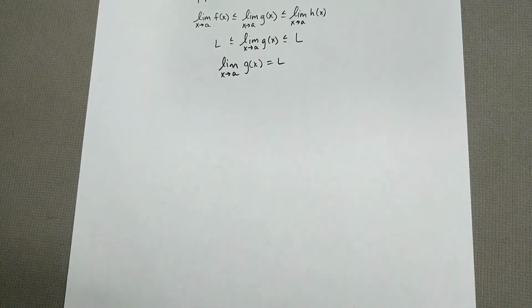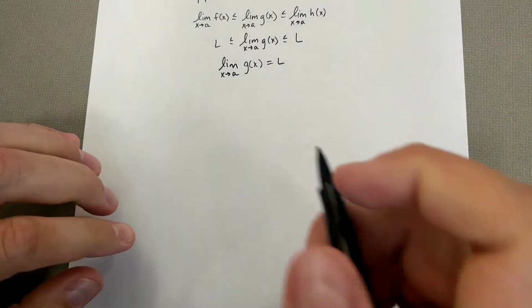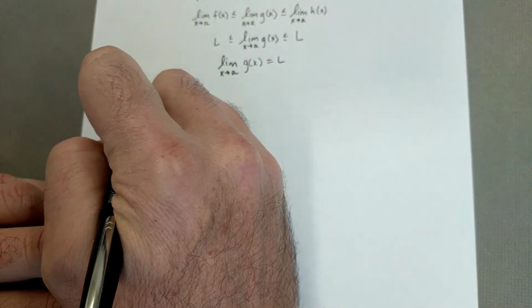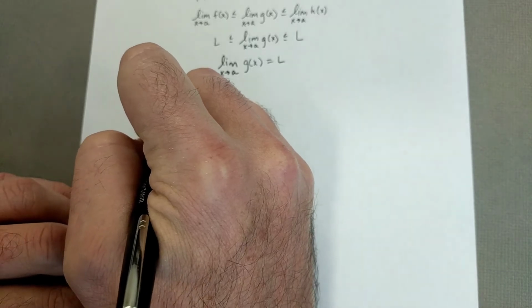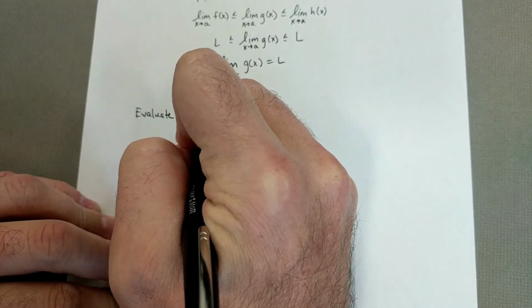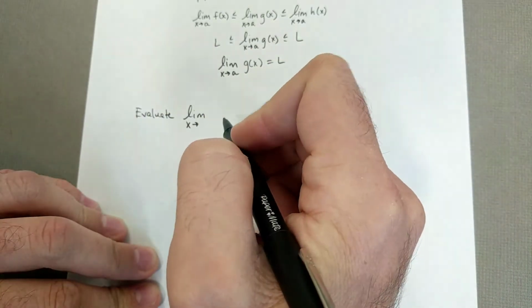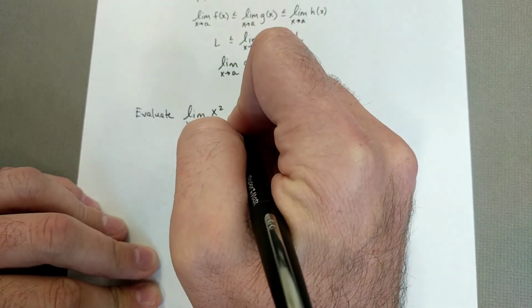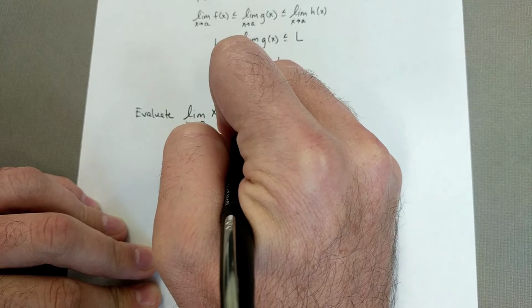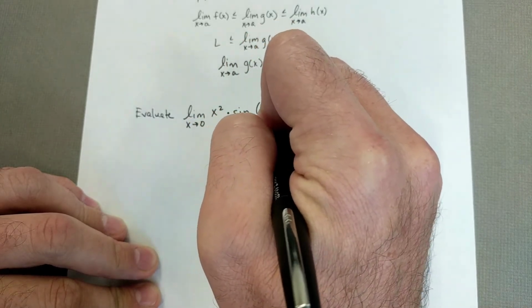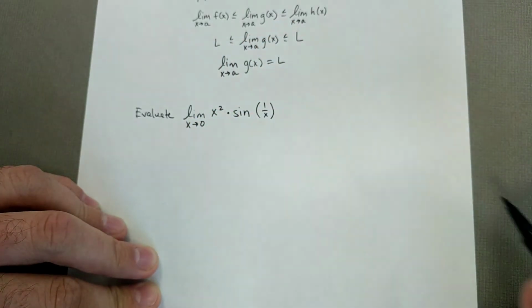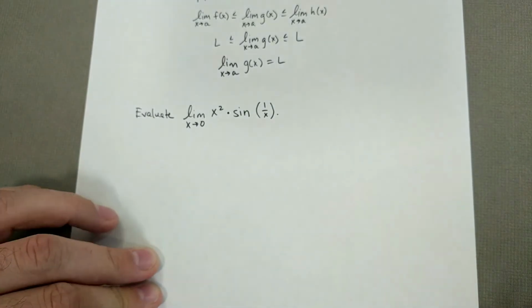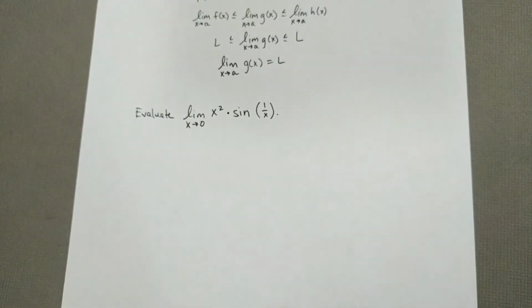We want to evaluate the limit as x approaches 0 of x squared times sine of 1 over x. So we want to evaluate that limit right there.